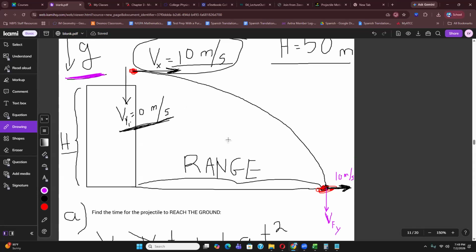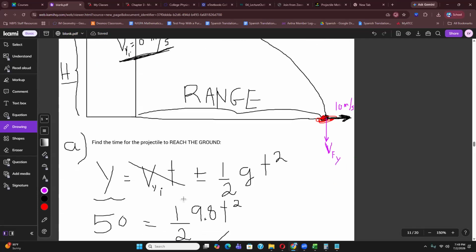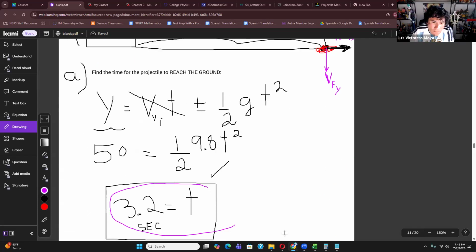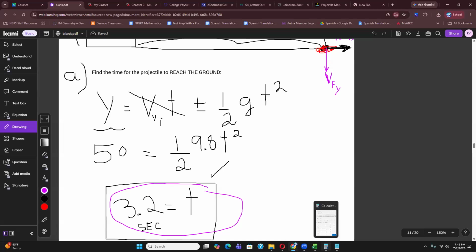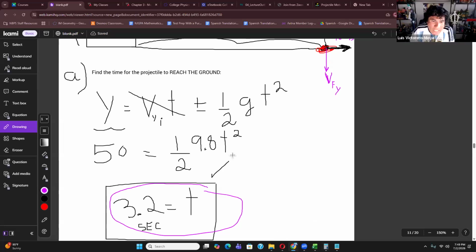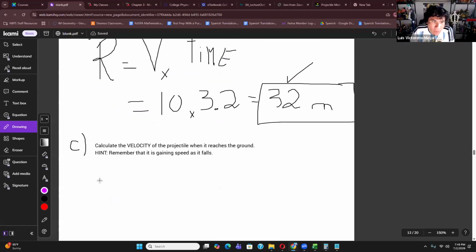You have to find time. No, you already have it, times 3.2. So you analyze the motion vertically and horizontally. Horizontally is 10. Vertically, you do the free fall.